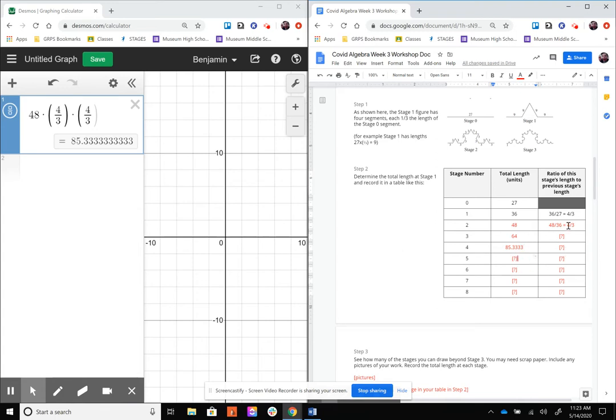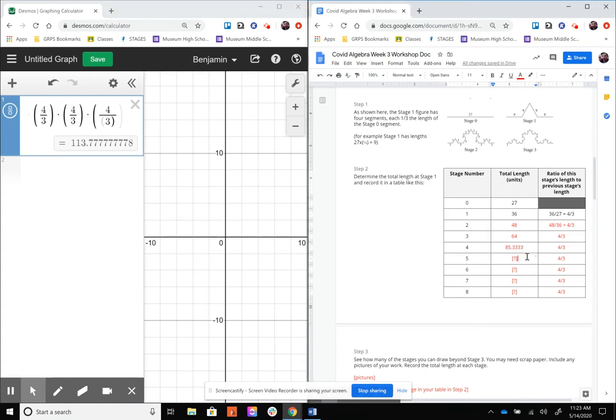We already know that all of these are going to be constant multipliers of 4/3. We see that pattern happening visually when we do the Koch curve. This is our constant multiplier. It's what we're multiplying every time: multiplying by 4 and dividing by 3. So I can just carry that pattern all the way through.